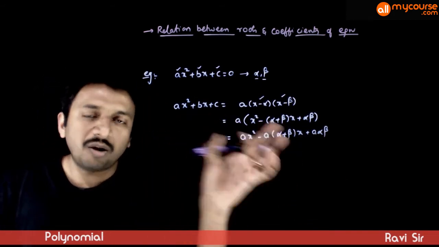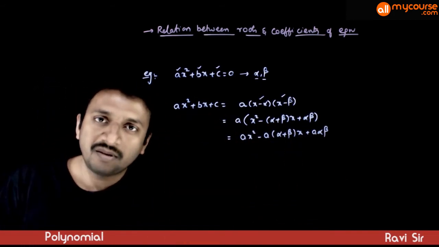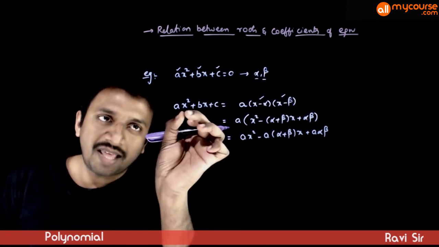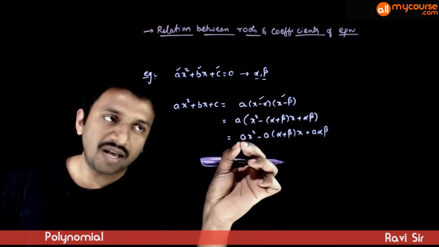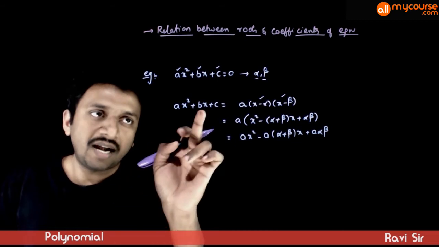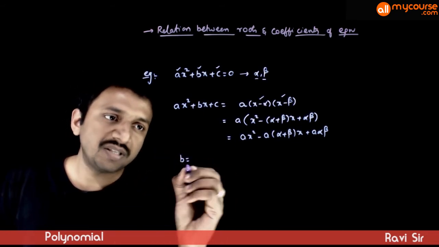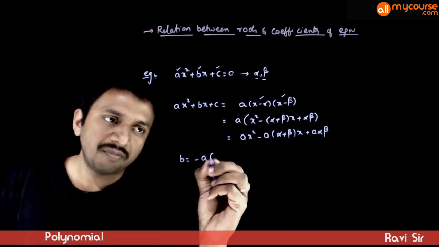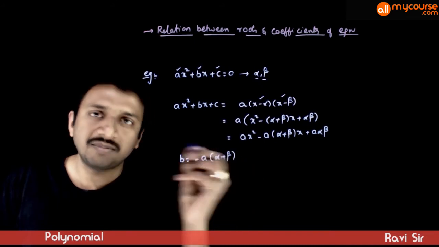Now these two polynomials are equal. So the x square coefficient a should be the same as the x square coefficient a, and the x coefficient b has to be the same as the x coefficient here, minus a times alpha plus beta.